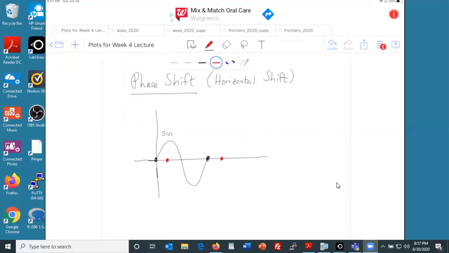So notice those two black points. If I move them both over to the right a little bit, the whole graph will shift to the right. So this would be sine shifted right. That's what we call a phase shift, because it moves to the right.